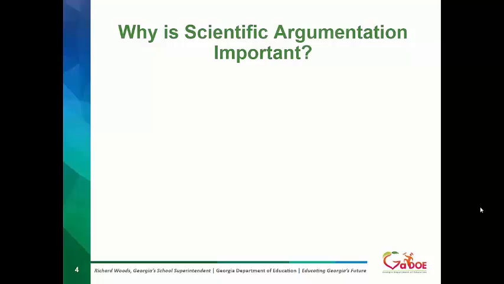So why is argumentation important? Well, first of all, for the nature of science, sense making in science happens in communities. So scientists function in communities. Our classrooms are like communities. And argumentation is how our students and scientists work together to reach that consensus or make sense of a phenomena and build that scientific knowledge.